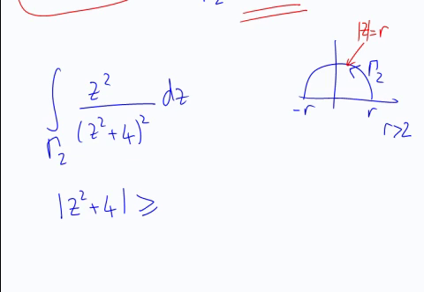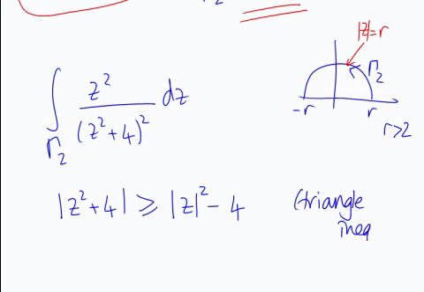Because then what I can say is that this is greater than or equal to the magnitude of z squared minus 4. That is the triangle inequality. And the magnitude of z squared is r squared on that semicircular path.